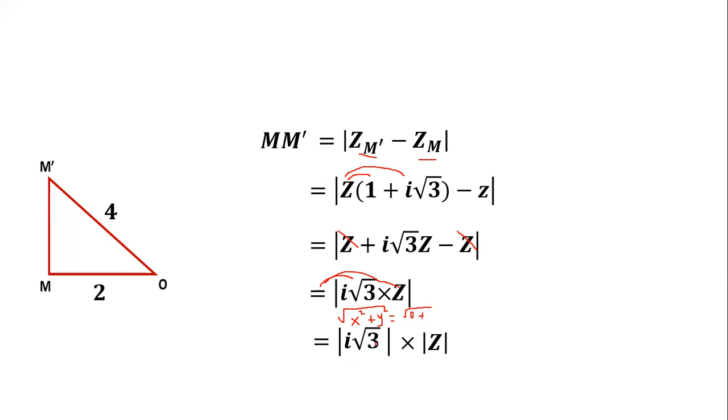For y squared, y is equal to radical 3, and radical 3 squared gives 3. So the modulus of i radical 3 is equal to radical 3. The modulus of Z is given, which is equal to 2. Radical 3 multiplied by 2 gives 2 radical 3, so MM prime in this case is equal to 2 radical 3.